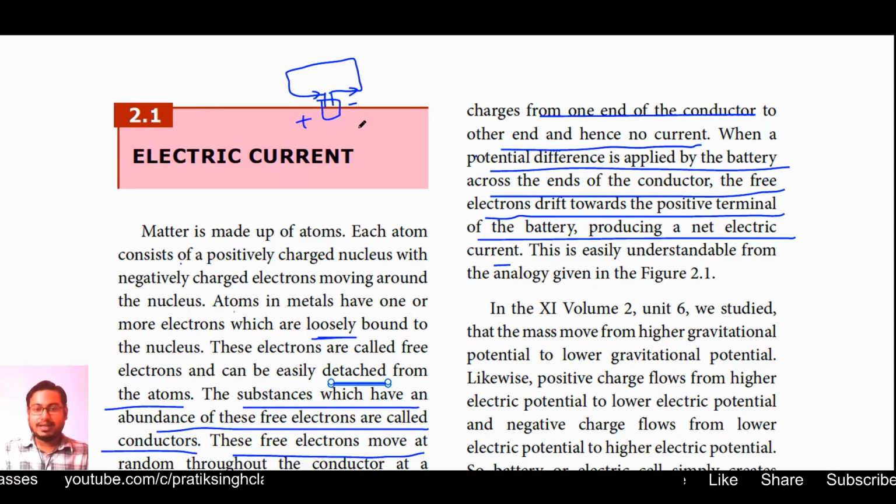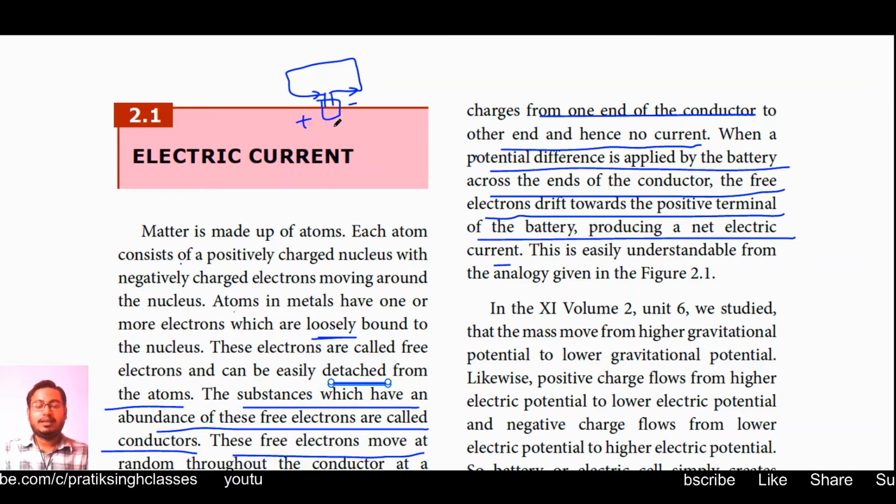So what the author is trying to say is that whenever a potential difference is applied, that means whenever the battery is switched on and the circuit is closed, the free charges present in the conductor will drift towards the positive terminal.